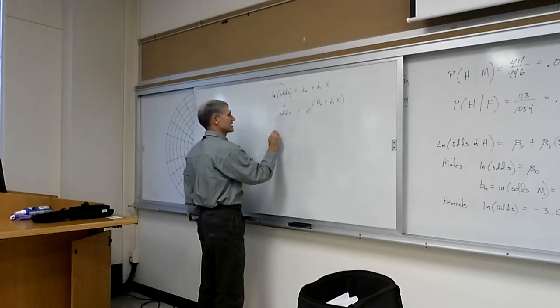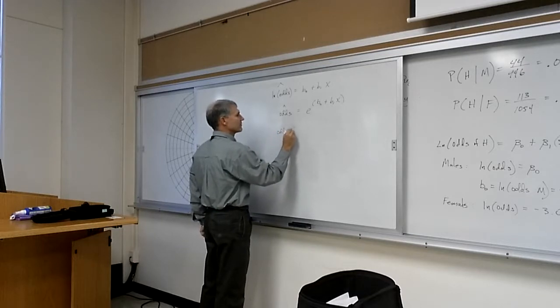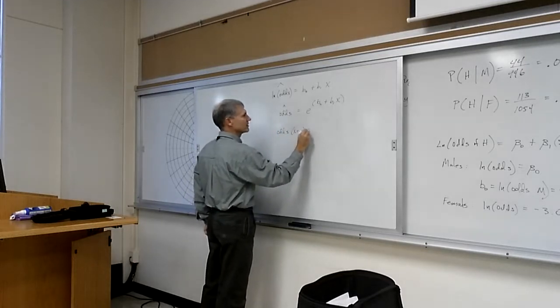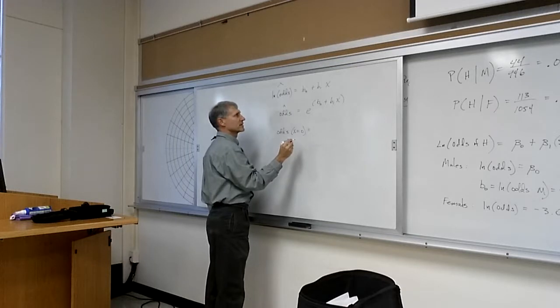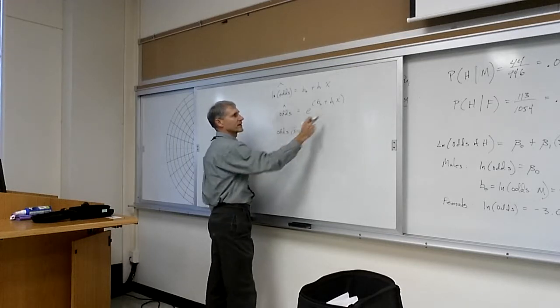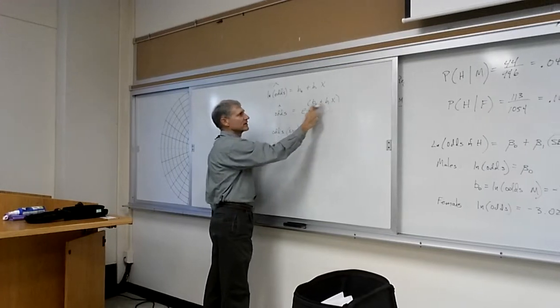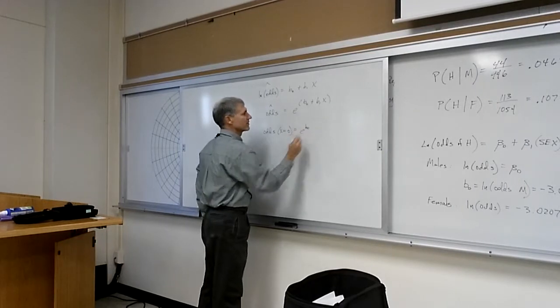And the odds then for x equals 0 is, if x is 0, e to the b0.